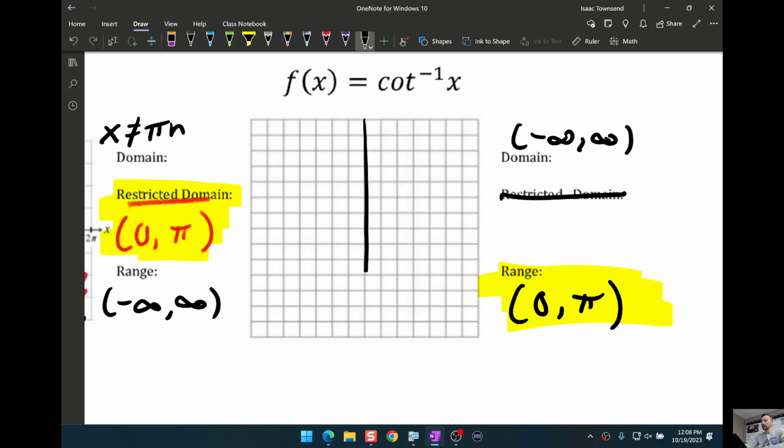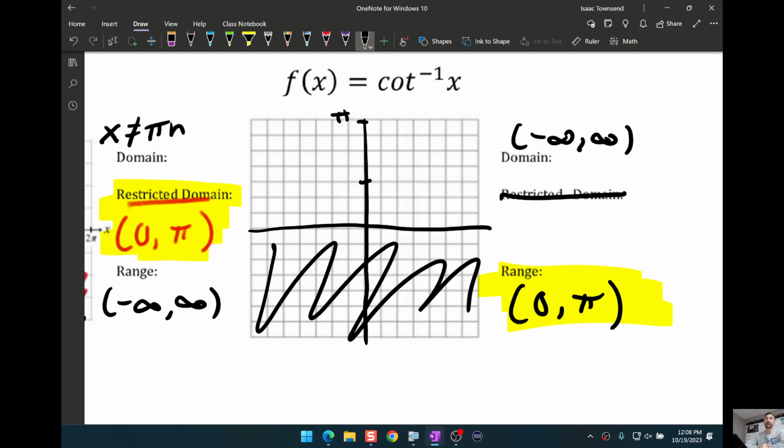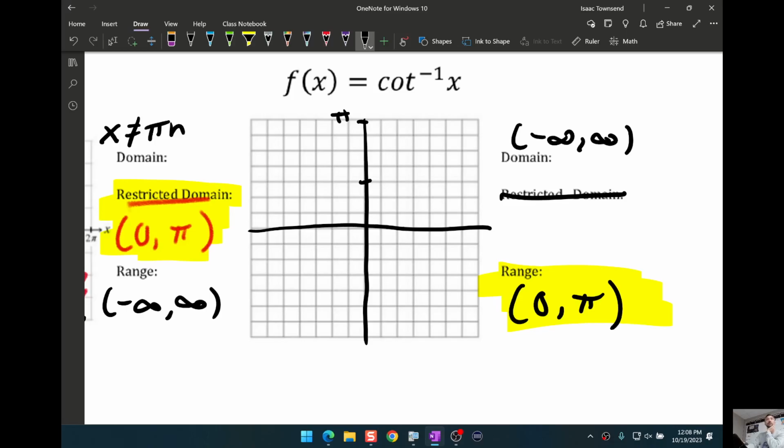And again, we will not ask you to do inverse cotangent at any point in this class, but if you know the range is 0 to pi, you know where the y values exist. If you know the domain is negative infinity to positive infinity, you should know the graph goes forever left and forever right. And based on this being the 6th question, you should know how to get some points. Cotangent has a point pi over 2, 0. So that means inverse cotangent would have a point 0, pi over 2.